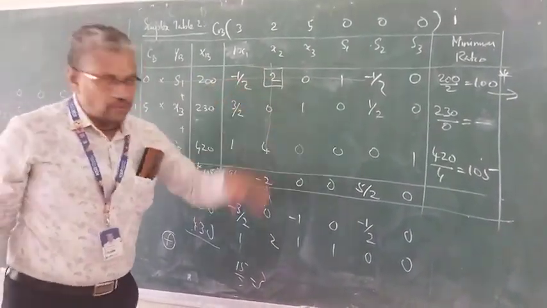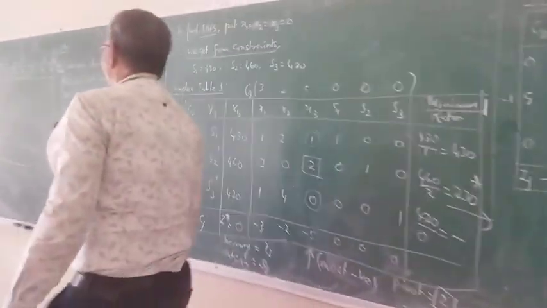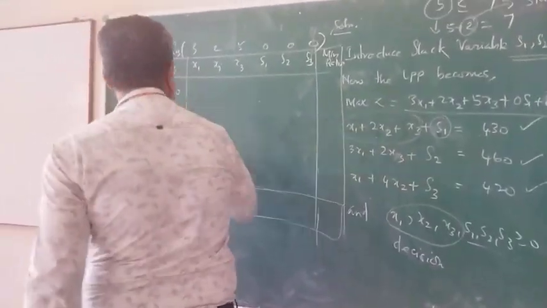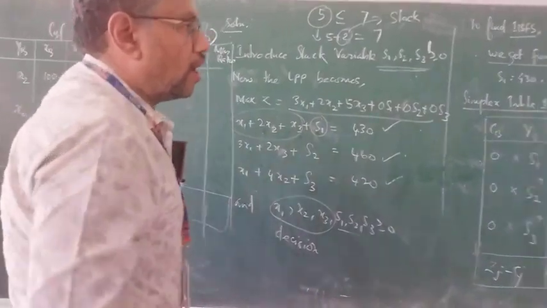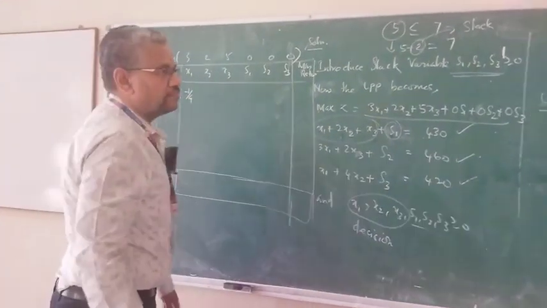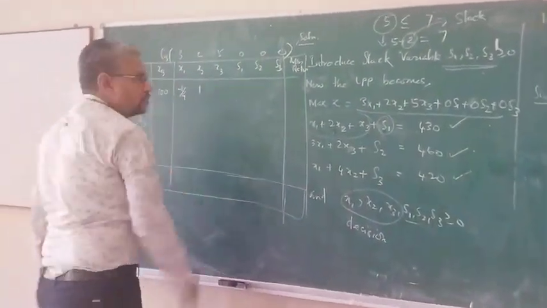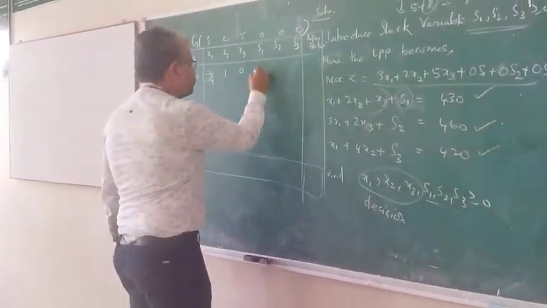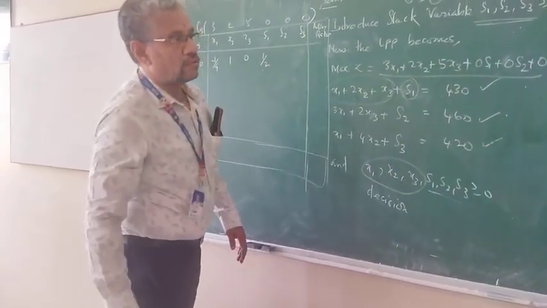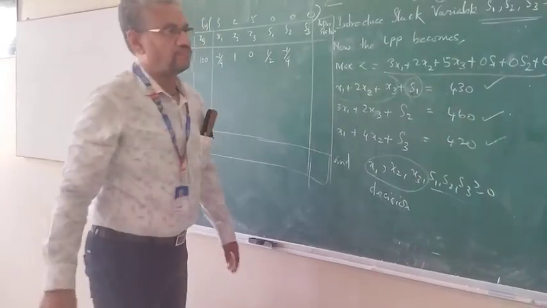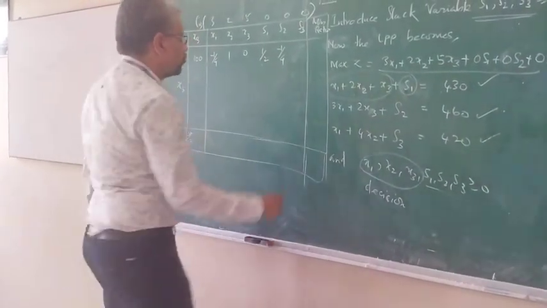So 200 by 2 is 100, minus 1 by 2 by 2, so minus 1 by 4, 2 by 2 is 1, 0 by anything is 0, 1 by 2, minus 1 by 2, minus 1 by 4, 0.